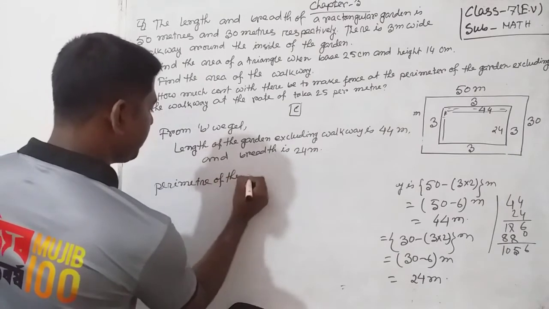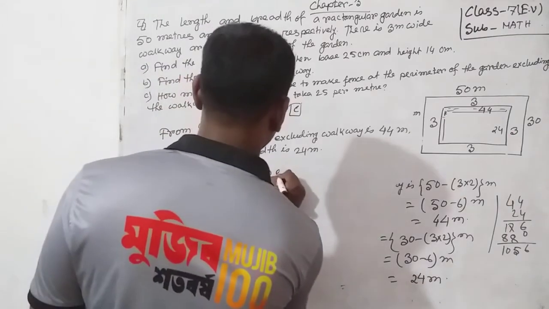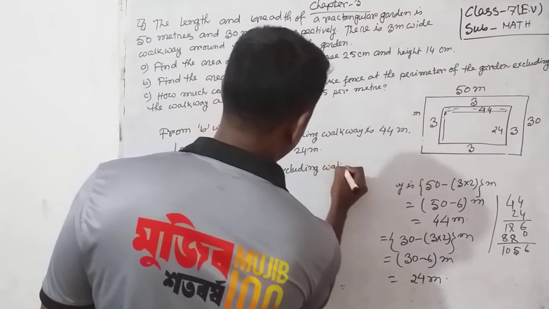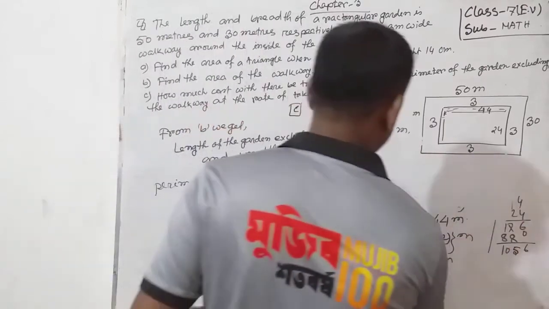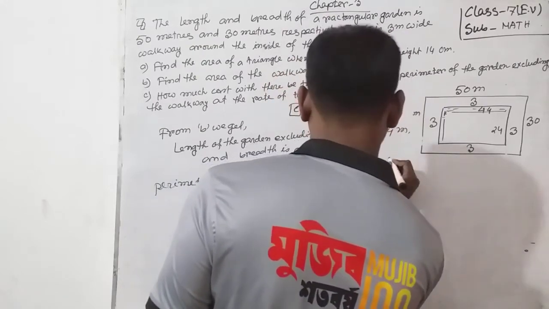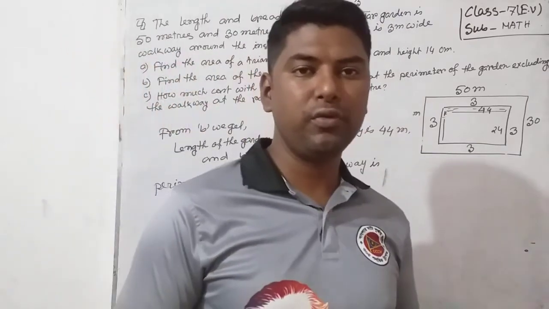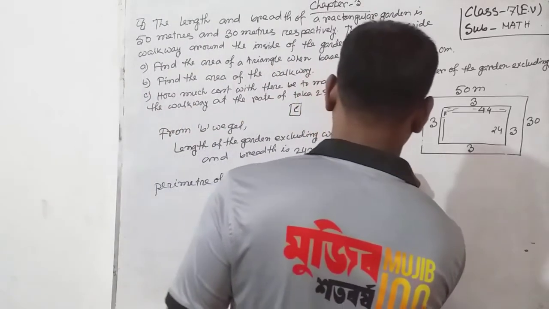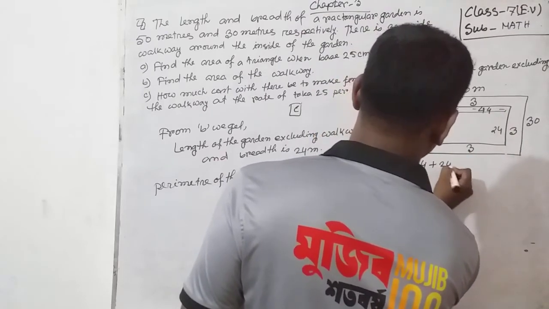We know in a rectangle, perimeter equals 2 into length plus breadth, so we can write 2 into, here length is 44 and breadth is 24.